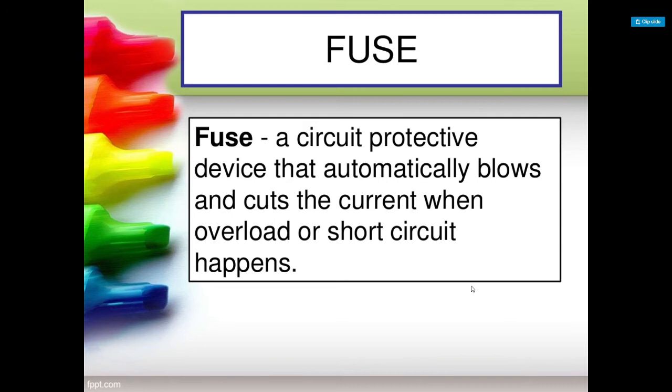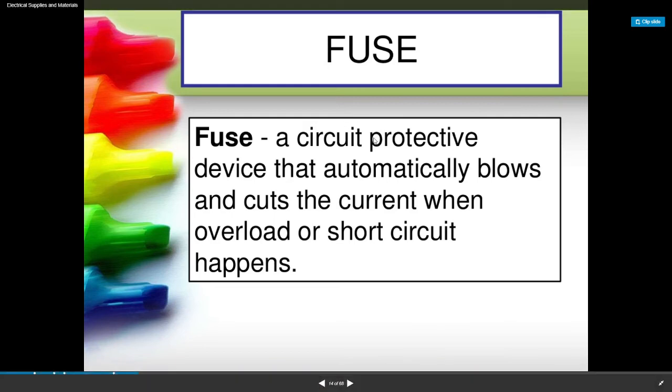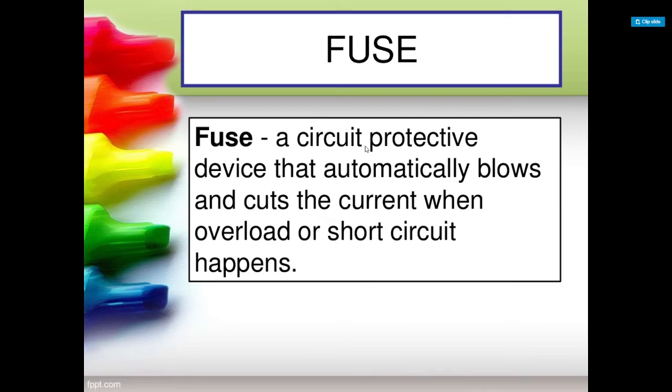Next, fuse. This is a circuit protective device. So a while ago we talked about how it protects the house. So a fuse is a circuit protective device that automatically blows and cuts the current when overload or short circuit happens. So when an overload or short circuit happens, the fuse will automatically blow. You don't need to blow it. It will blow by itself as long as there is an overload or short circuit.